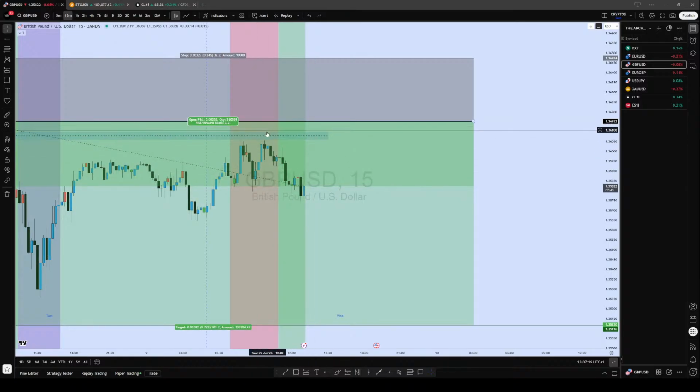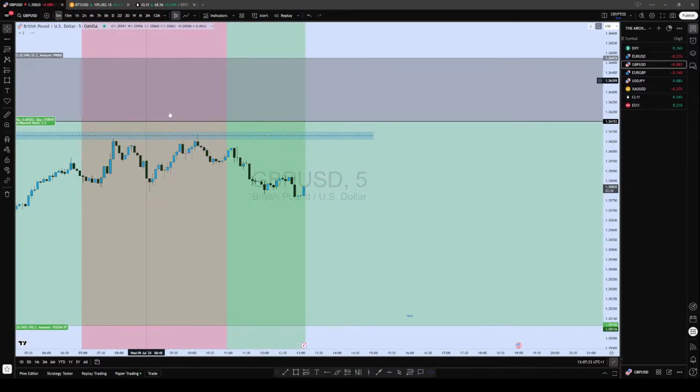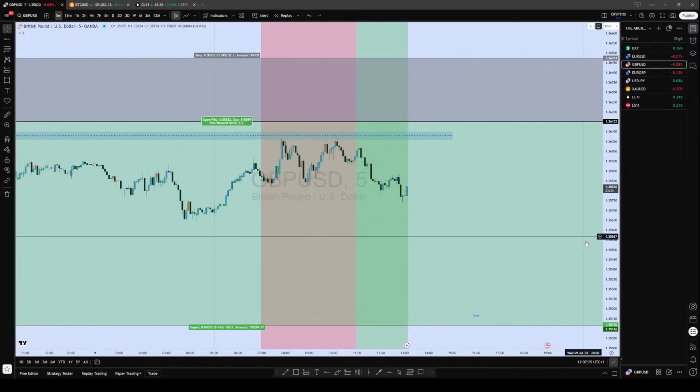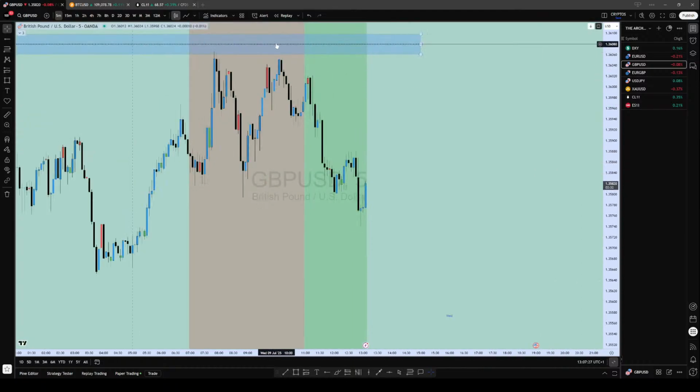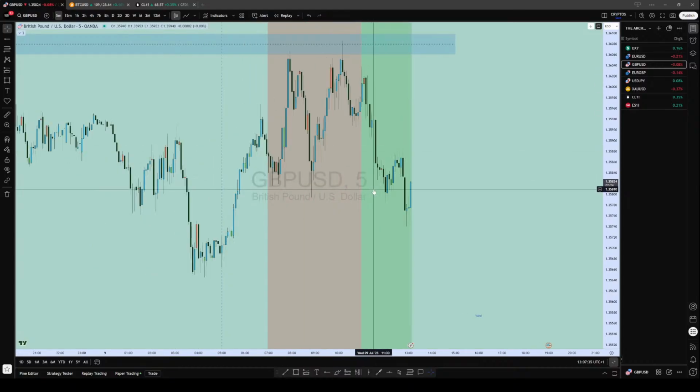So as it was rejecting, I dropped down to the 5 and I sold short over here. So this high low breaking pullback, I sold right there.